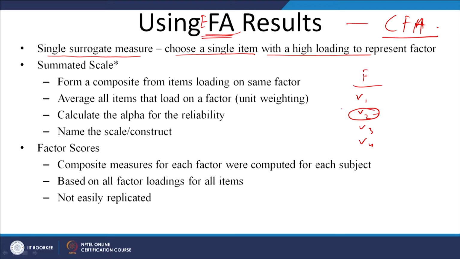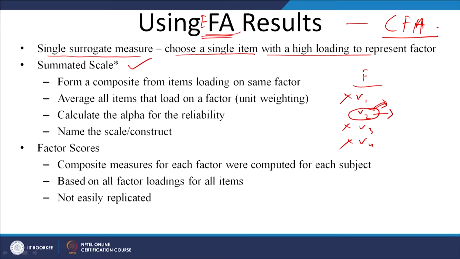You can select this particular variable to represent this factor, that is a possibility. But it has its own limitations. It is not good to say only this variable should represent this factor, and we will completely overlook the other 3. That is not the right way, at least personally I think.